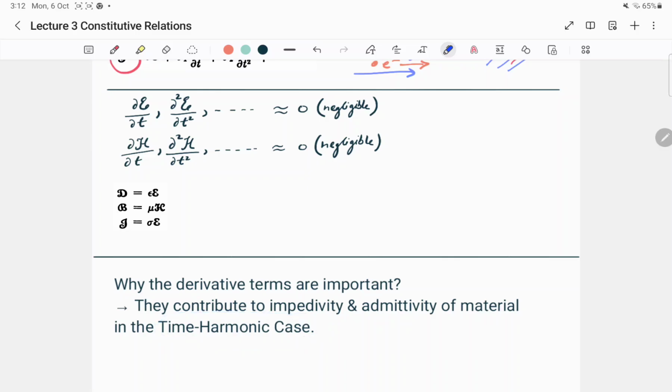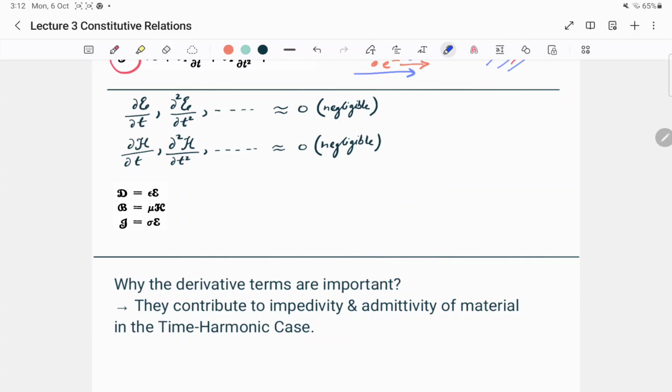We are not dealing with a static case where omega is 0. No, our omega is not 0. It can be as high as the order of 10 to the power 9 or 10 to the power 12. 10 to the power 9 is the gigahertz range, and 10 to the power 12 is the terahertz range.